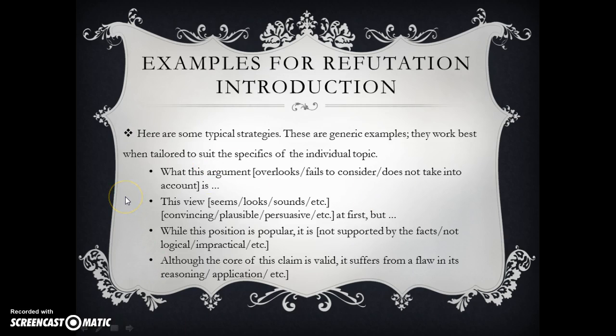Some ways we could do that: what this argument overlooks is, this view seems sound, but, while this position is popular, it is not, although the core of the claim is valid, it suffers from a flaw in whatever. Those are all really good ways to help you show how you're responding to it, how you're thinking about it. Take a lot of care as you're introducing your counterargument and refutation to pick the right words, right signals to let the reader know what you're doing.